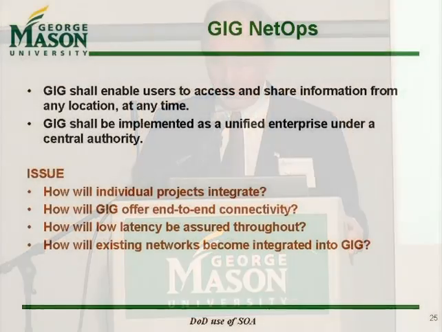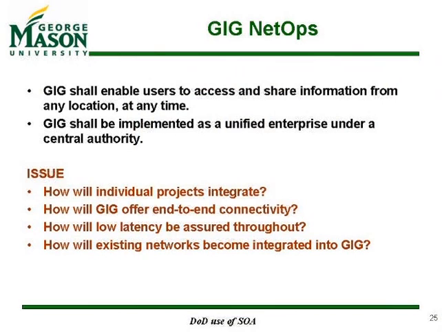You can't have that. So therefore, you need GIG net ops that will allow the ability to share information at any time, and it must be implemented as a unified enterprise.